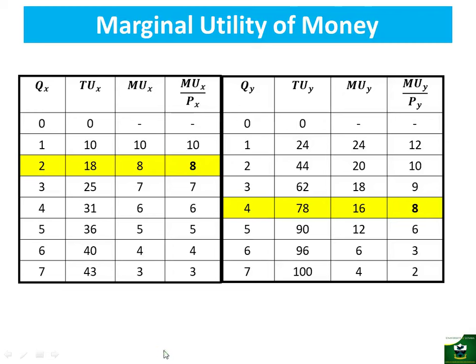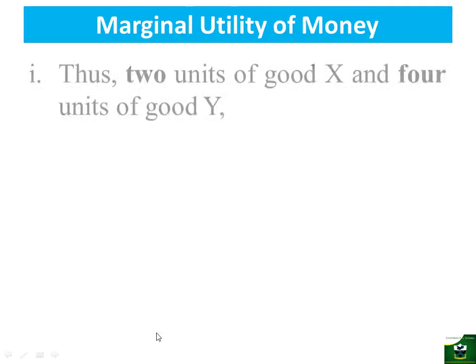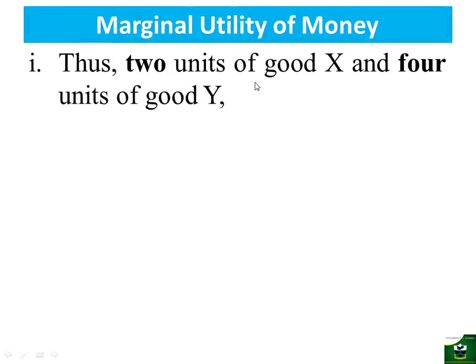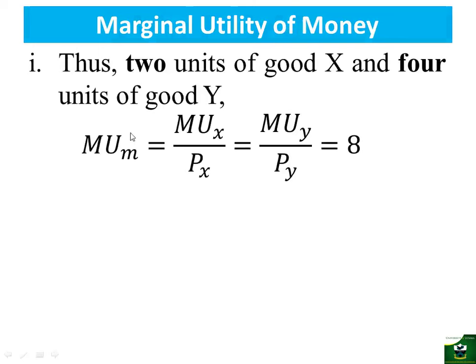So with this, we can finish up our analysis. So thus, 2 units of good X and 4 units of Y are consumed because the ratio of marginal utility of X to the price of X equals the ratio of marginal utility of Y to the price of Y, which is equal to 8.